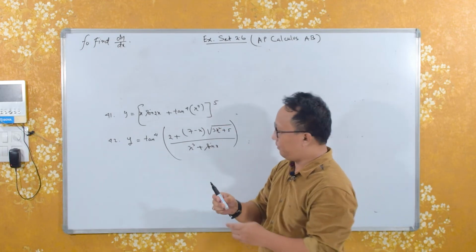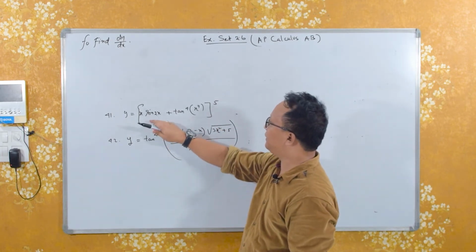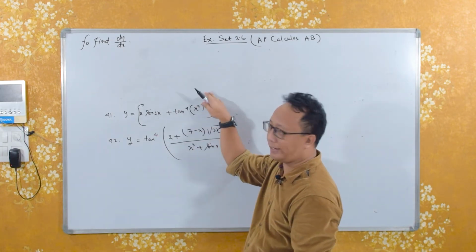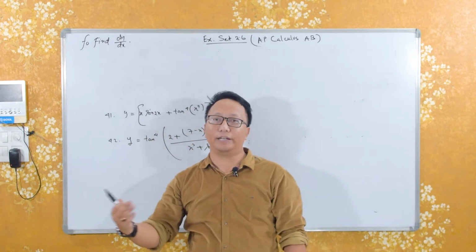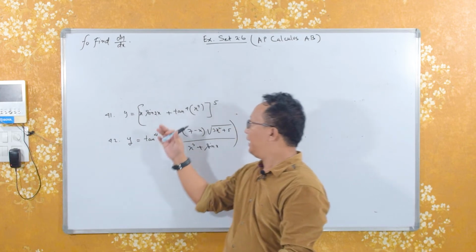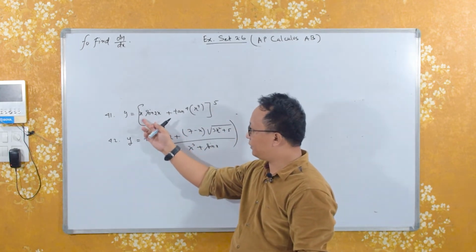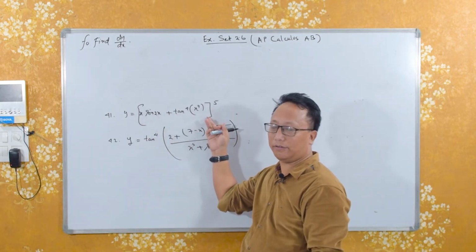You have to remember this is something raised to n, so d by dx of x raised to n is n into x raised to n minus 1. After that you have to differentiate the inside with respect to x.